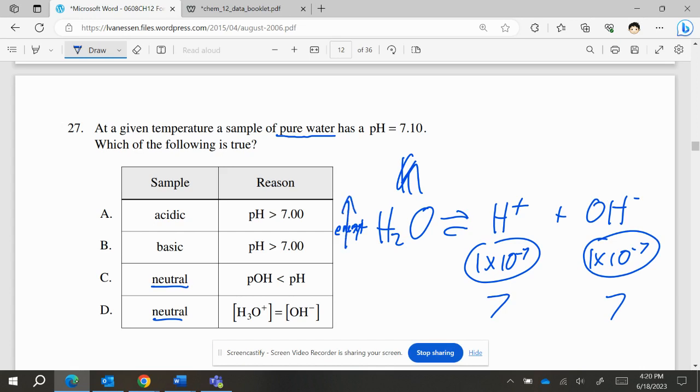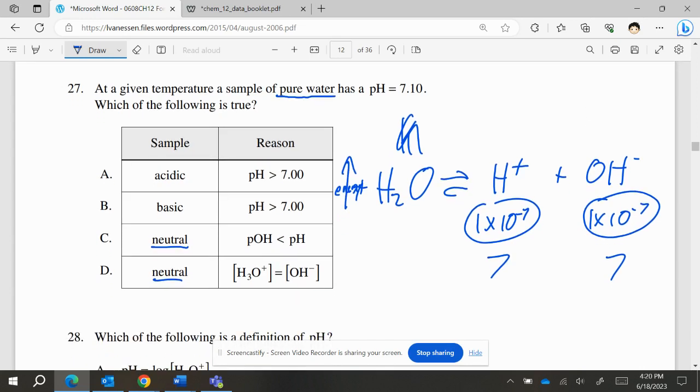Now, let's say if you increase the temperature, it makes this shift to the right. And if you make it shift to the right, this number will become bigger, okay? It might not become this big, but just to make the math easy for me, let's say it becomes minus 6. That's really, really big.